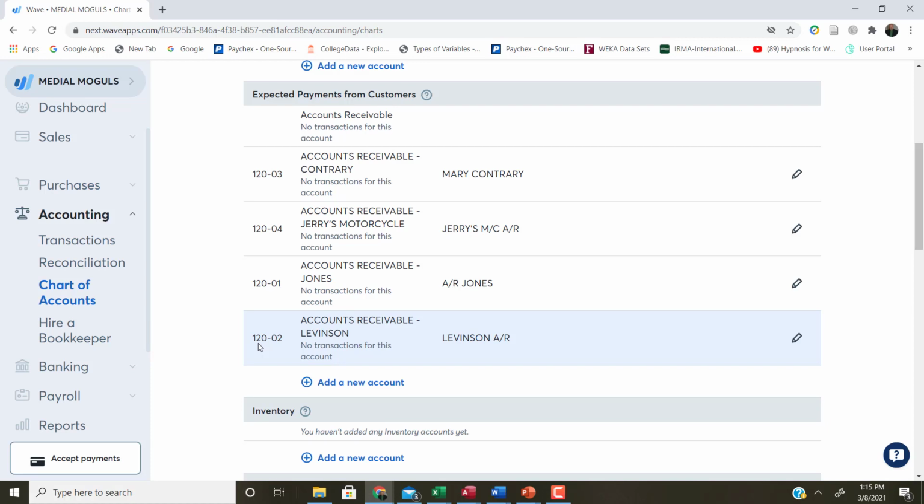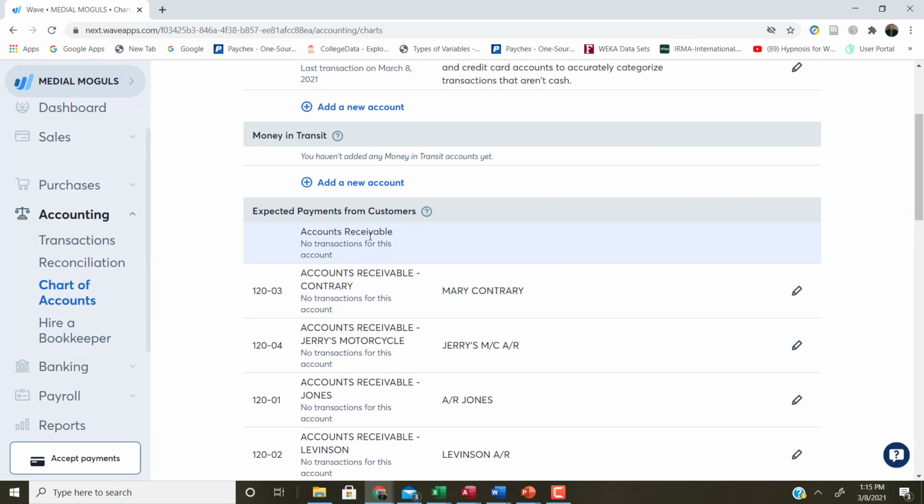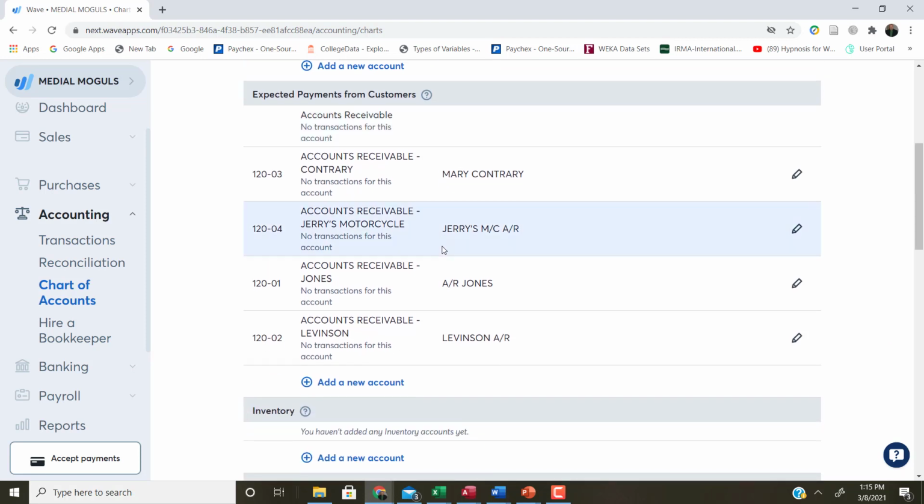What's happening with accounts receivable is you have these subsidiary ledgers, where they take the accounts receivable, for example, for Mary Contrary, and then combine it into the big 120 account. I don't know how this is going to show up when I finally put some numbers in here. I may see several different accounts receivable accounts, but that's okay with me.